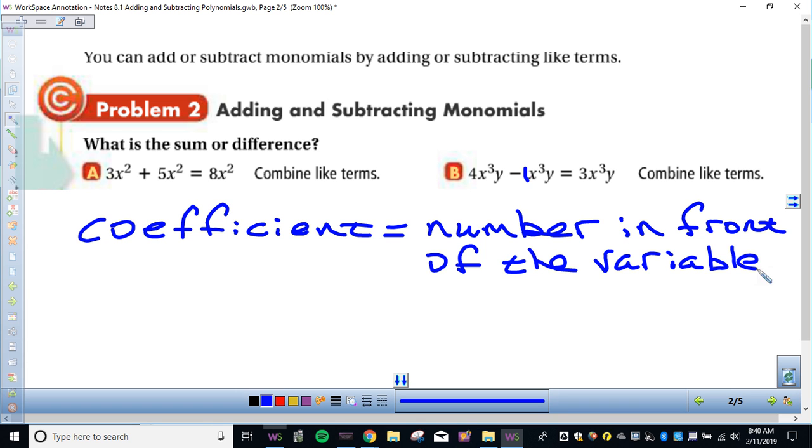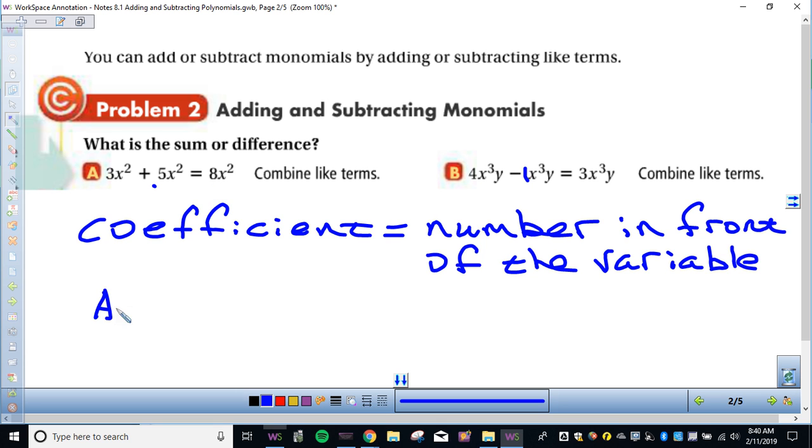So what I'm talking about, coefficient is like the 3 and 5 are coefficients. So you need to add the coefficients to get 8x squared. Okay? We good on this? Anyone need more time? Okay.